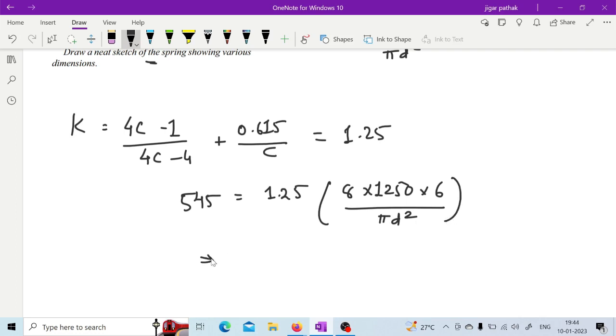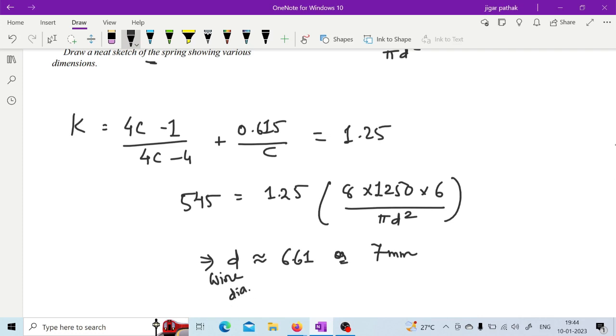Right, so now if you solve this, then it will give you d, 6.61 mm. Yeah, if you consider 6.61, or you can take it as 7 mm. Correct?